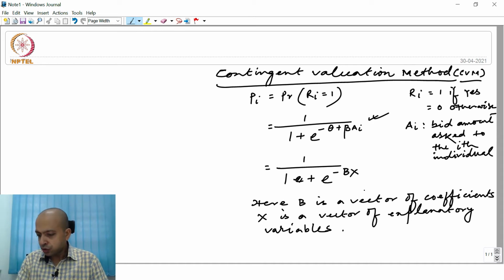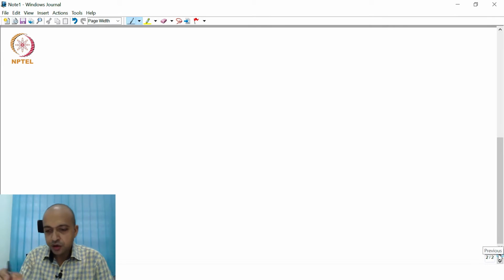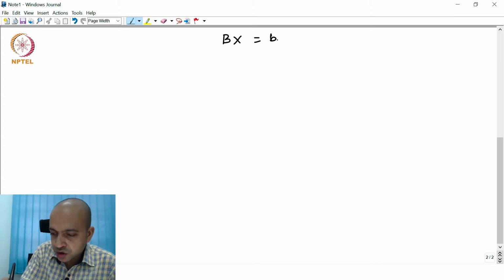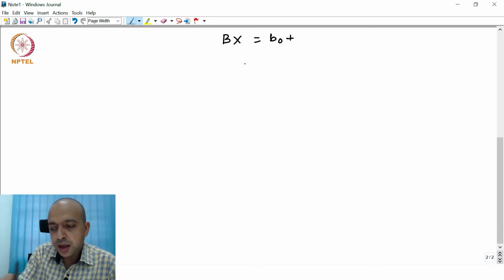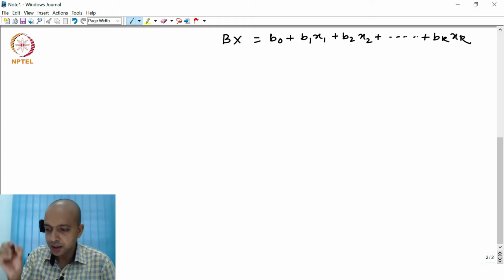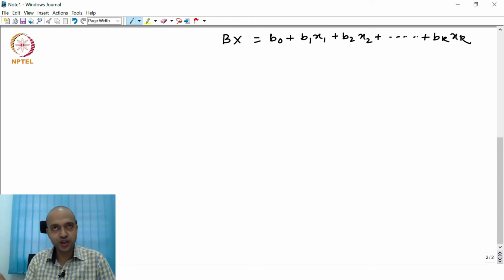Now, if we expand this beta x, it is beta 0, which is an intercept, plus beta 1 x1 plus beta 2 x2 plus up to beta k xk. So if we expand this, we will get this type of result.